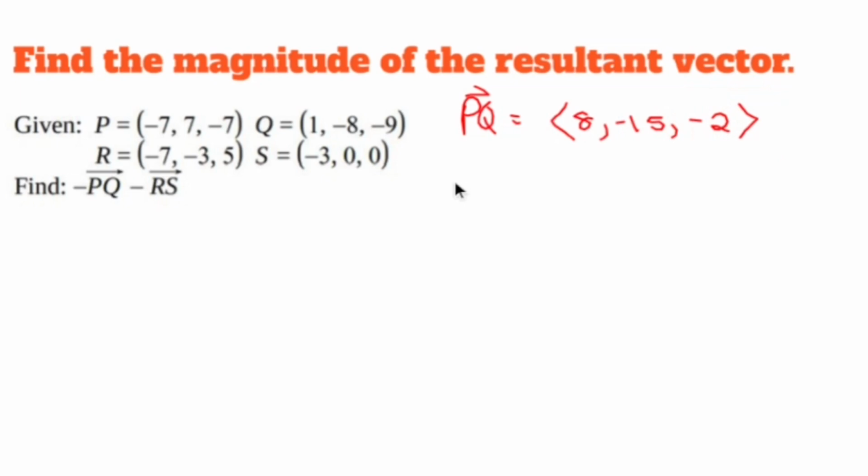Lots of double negatives going on in there. RS is going to be negative 3 minus negative 7, so a double negative makes that a 4. 0 minus negative 3, double negative makes that a 3, and 0 minus 5 makes that regular negative 5. So that's PQ and that's RS.